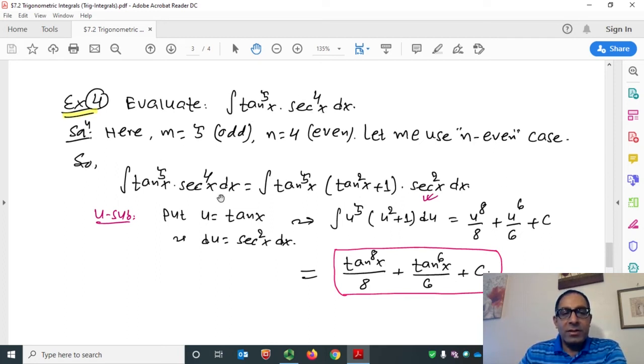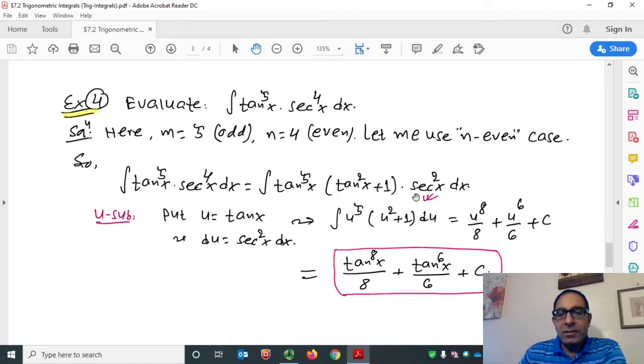Given the integral of tan to the power 5 x, I didn't do anything. Then I break down secant to the power 4 as secant squared x times secant squared x. I keep one secant squared x as it is, and I use another trig identity for secant squared x, which is tan squared x plus 1. So that's the idea.